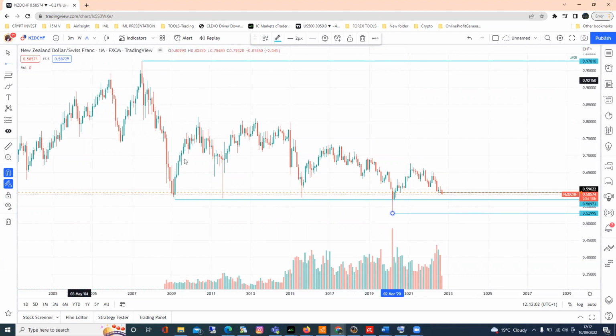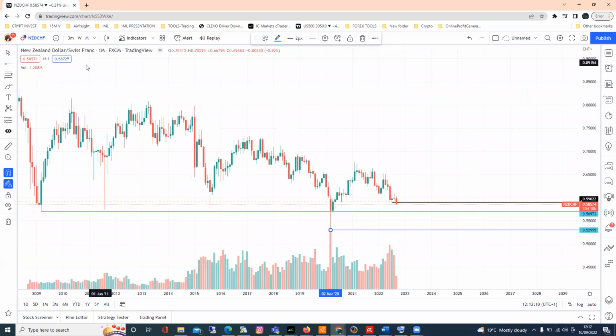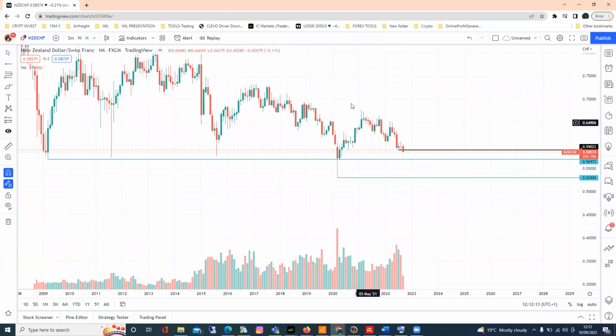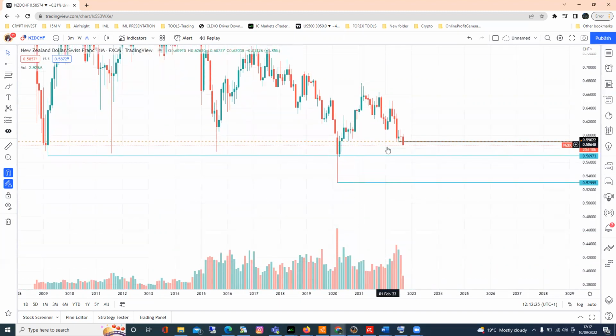As you can see, all these areas of reference are picked from the higher time frame, and those will become our target locations for take profits in case we are trading the New Zealand Swiss and taking the direction to the downside. At 0.5697, it will be important to take a bit of profit because price has stopped there before.